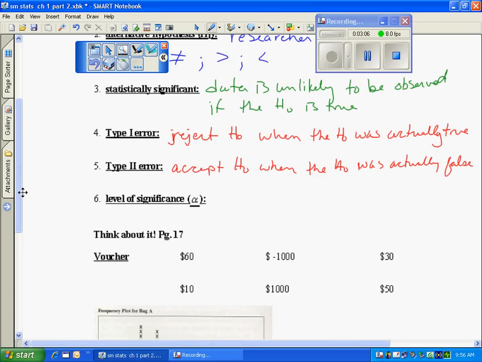It has to do with the power of a test, which is in your next statistics course. But the level of significance, alpha, is the chance of committing a type 1 error. Obviously, we want that chance to be low, so we'll be looking at that chance later on. But what we're going to do is just gather data and try to make decisions based on that data.